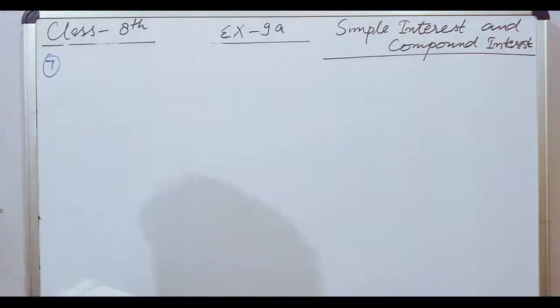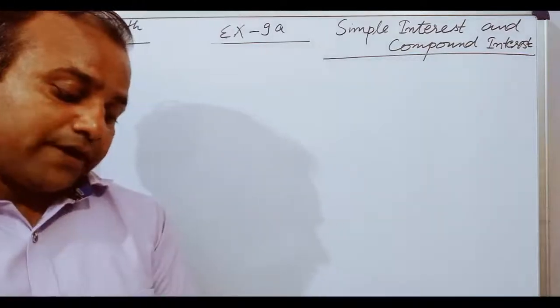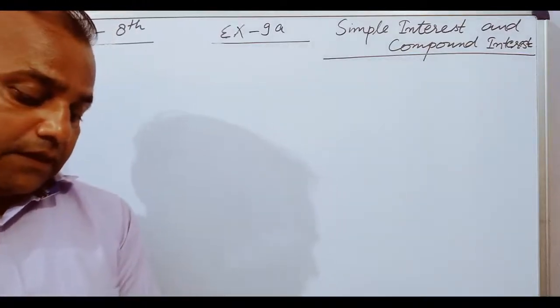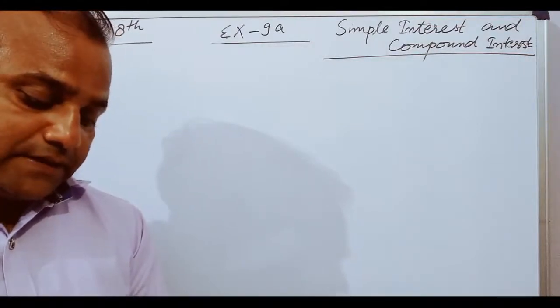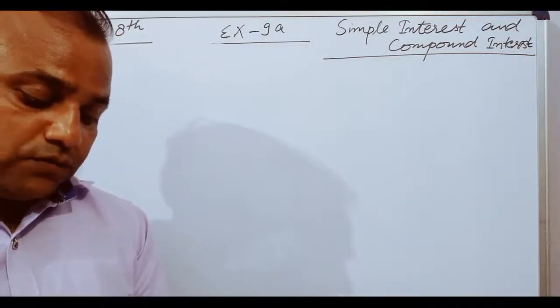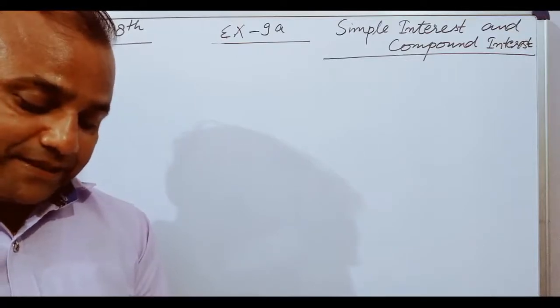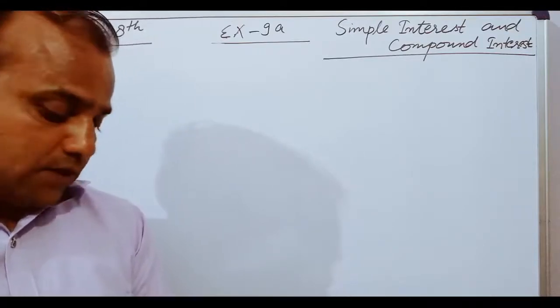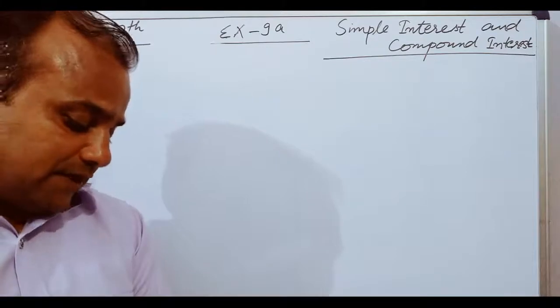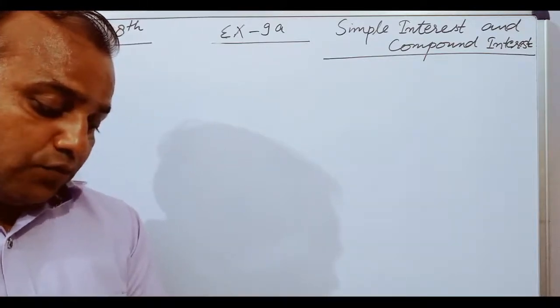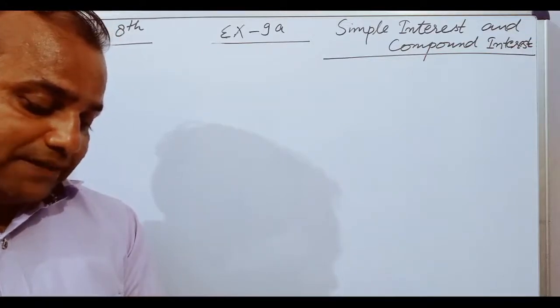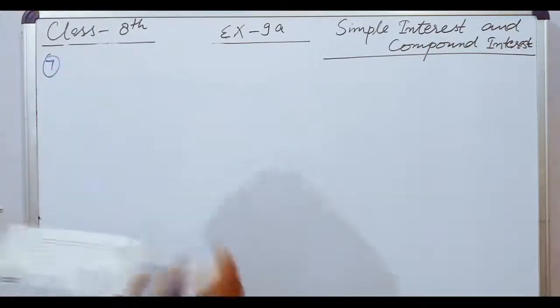Question 7. A person deposited rupees 400 for 2 years, rupees 550 for 4 years, and rupees 1200 for 6 years at the same rate of simple interest. If he received a total interest of rupees 1020, what is the rate of interest per annum?